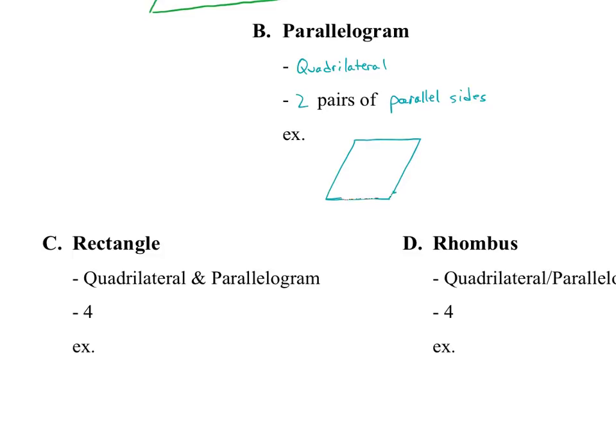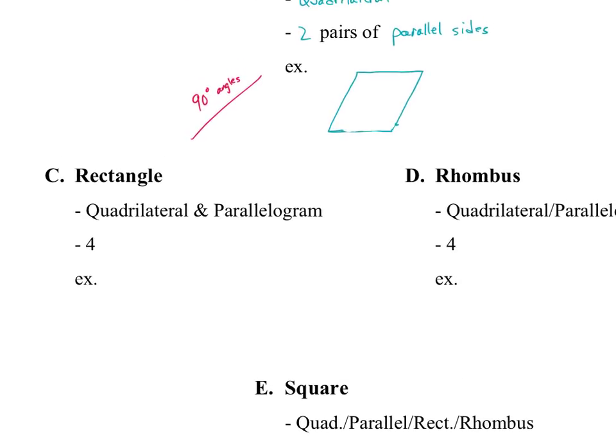Now we could have two different types of parallelograms. One is going to be a rectangle. The rectangles here are all going to have 90-degree angles. So if we have 90-degree angles in a parallelogram, it's like this thing gets scrunched up this way and makes it into a rectangle of sorts.